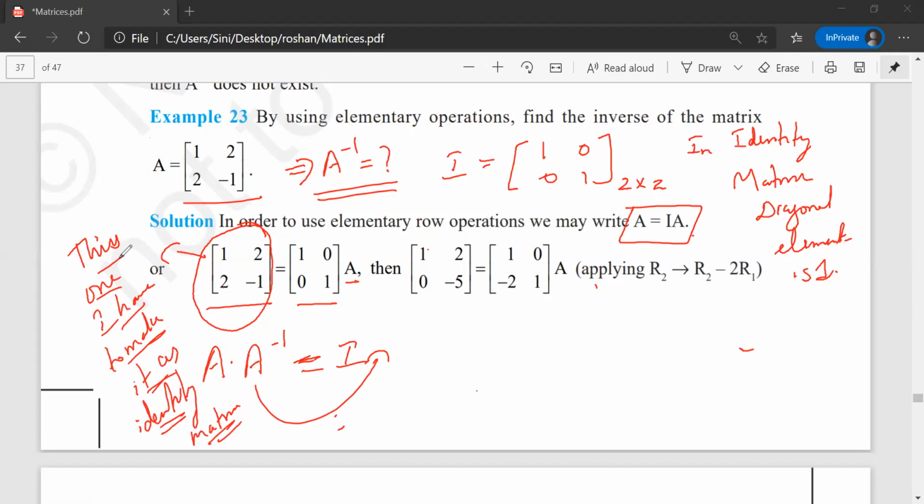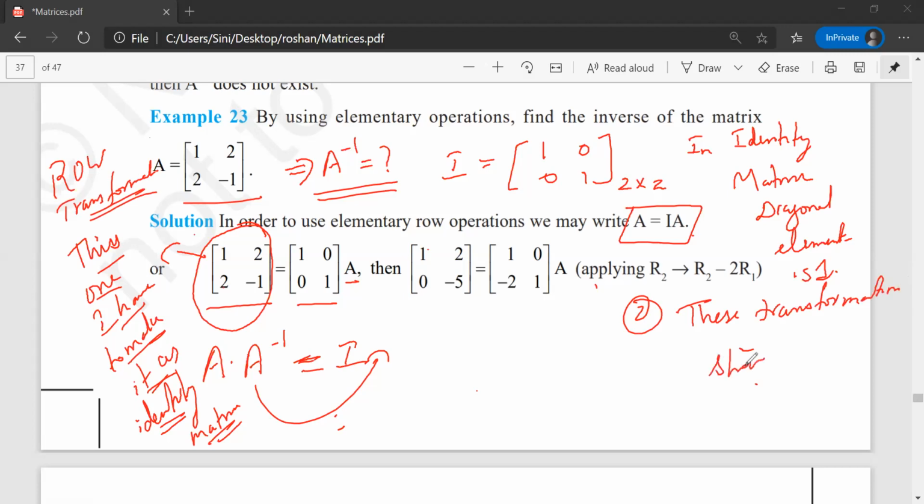I can only do this by a certain operation that is called row and column transformation. I will always suggest all of my students to use only row transformation, because what is our main focus here? Minimizing error. Second thing, these transformations are a very important step, and they should take less than 7 steps.